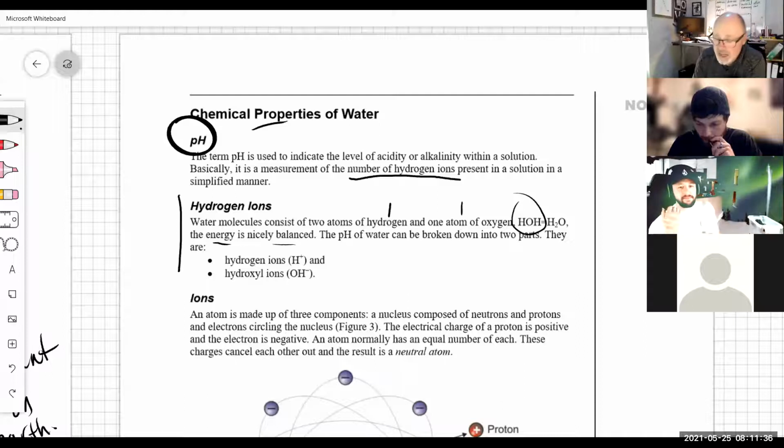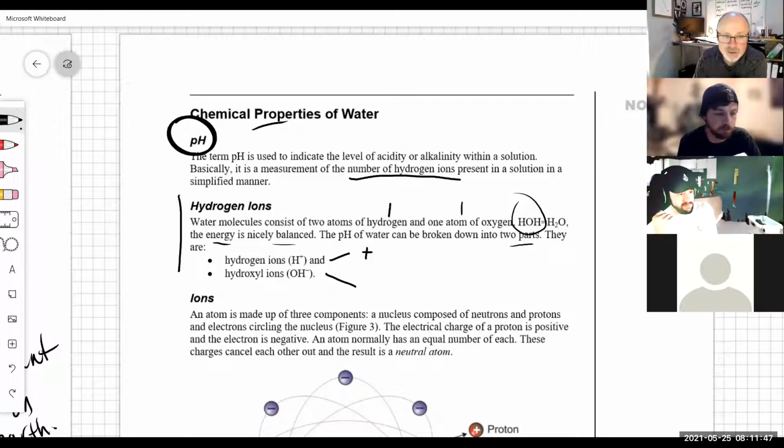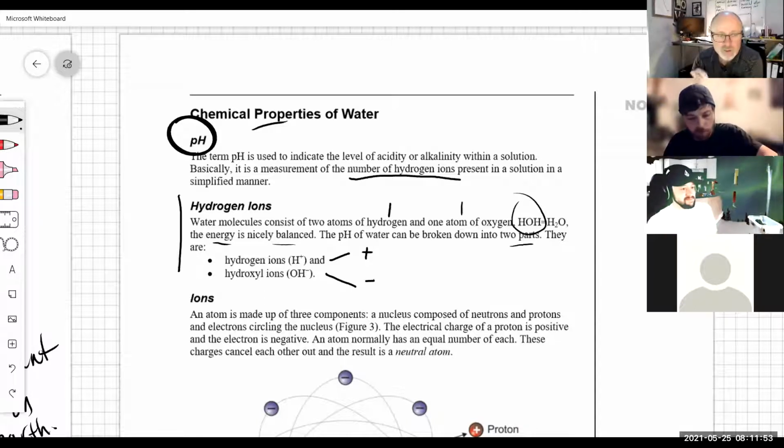Now, the pH of water, or the presence of these hydrogen ions, can be broken down into 2 parts. One is hydrogen ions, and they are positive, and the other is hydroxyl ions, and they are negative. Now, here's the thing. When you do water softening, etc., this is what they're trying to take away.